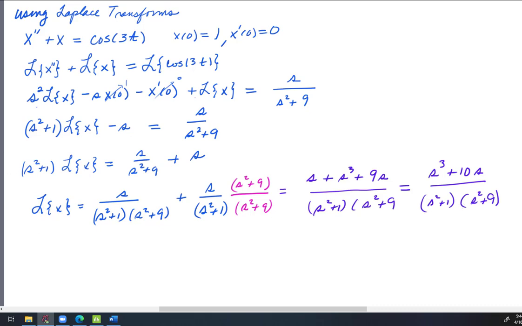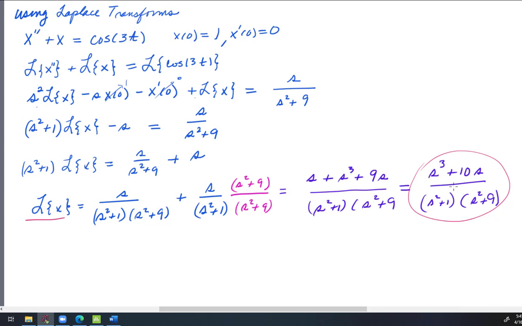So the Laplace of x is equal to that expression, and all I have to do is take the inverse Laplace, and I would have x of t on the left-hand side. That's the solution to my differential equation. And I would have the inverse Laplace of this rational function on the right-hand side. And if I can find the inverse Laplace of this rational function, the problem is done.